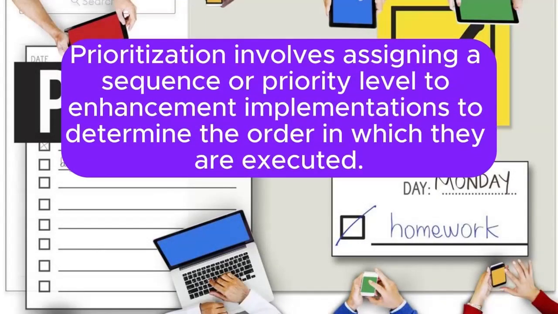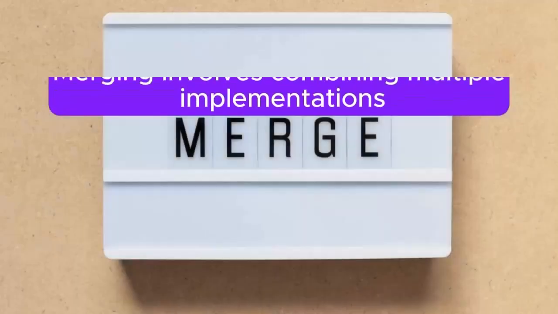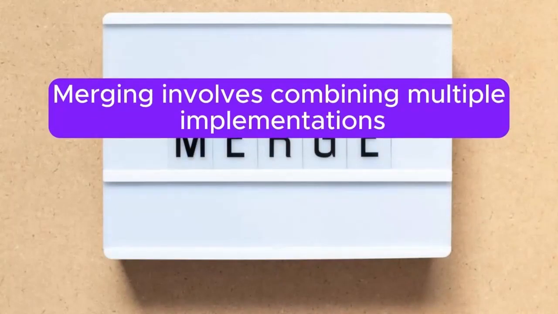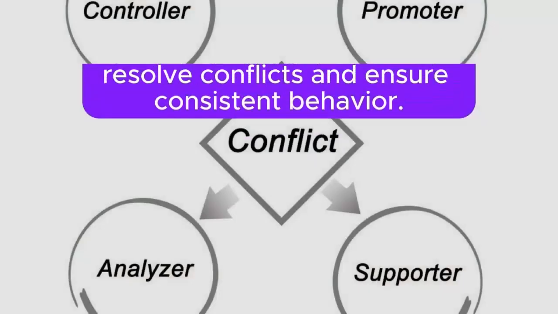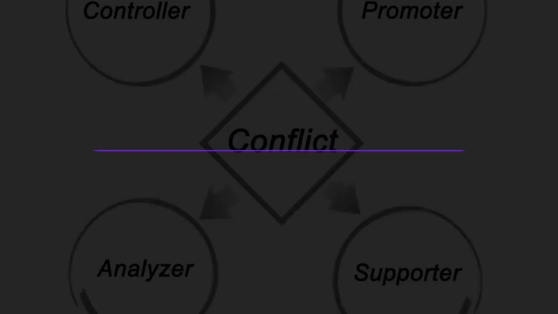Prioritization involves assigning a sequence or priority level to enhancement implementations to determine the order in which they are executed. Exclusion allows specific implementations to be deactivated or excluded from execution based on predefined criteria. Merging involves combining multiple implementations into a single, unified solution to resolve conflicts and ensure consistent behavior.